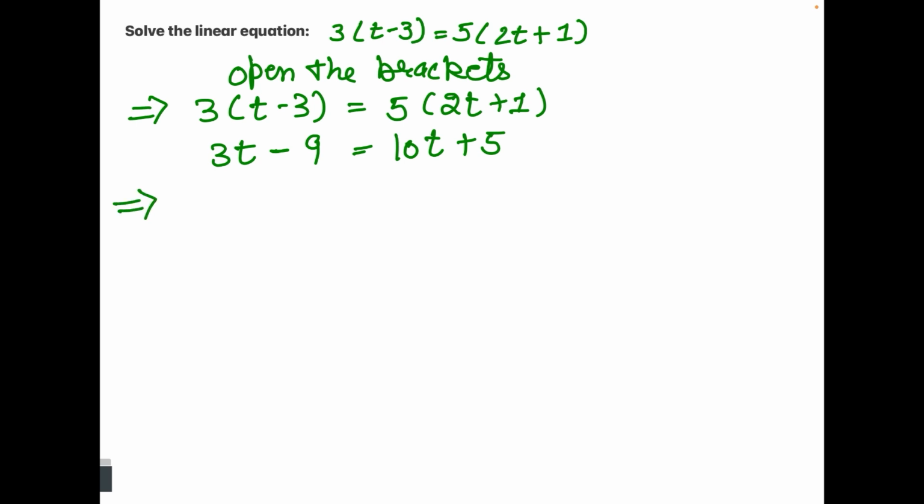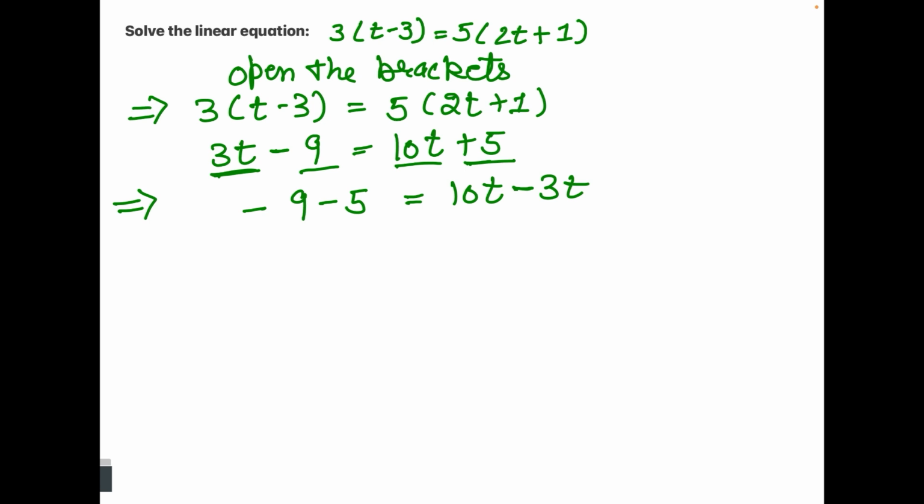Now we will bring variables to one side and constants to the other side. Minus 9 minus 5 is equal to 10t minus 3t. Why minus 3t?